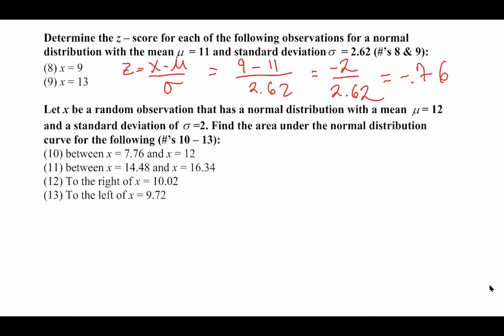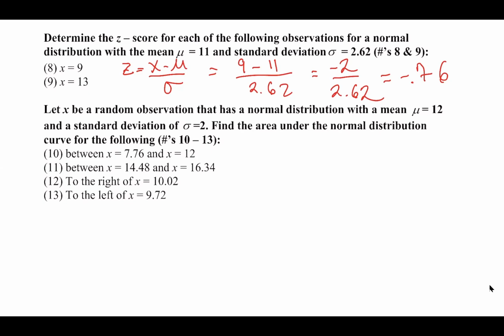It says find the area under the normal distribution curve for the following. If we're doing this in our calculator, we're going to use normal CDF if you're using the TI-84. If you're using ClassCalc, you're going to use the normal distribution.